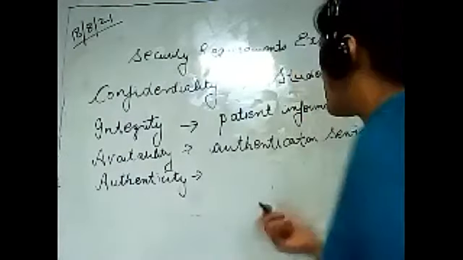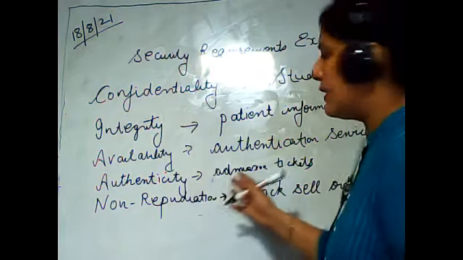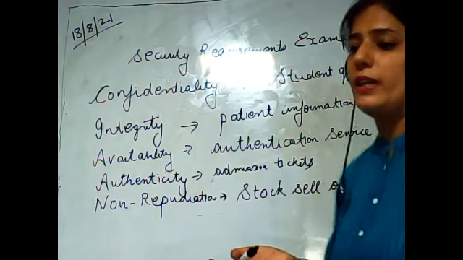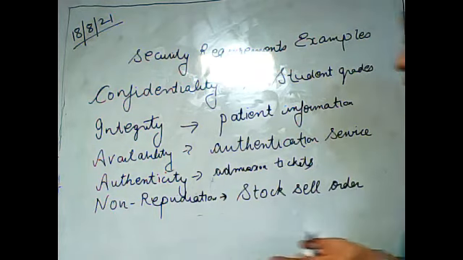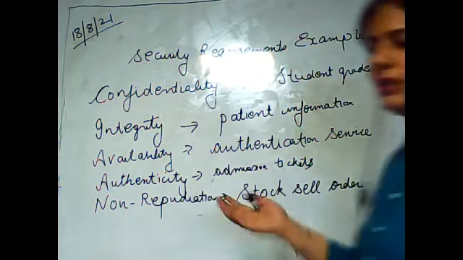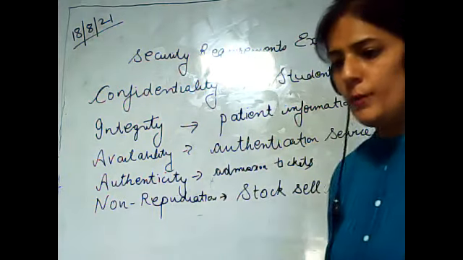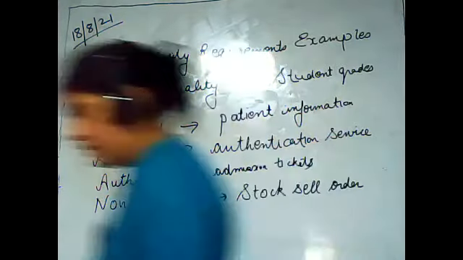These are just the examples I have given. Before starting in a more detailed way, I just wanted you to understand what we mean by confidentiality, integrity, availability, authenticity and non-repudiation. I hope all these terms are clear to you, and now we will move further.